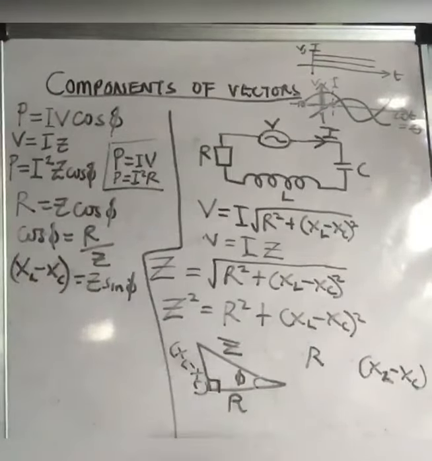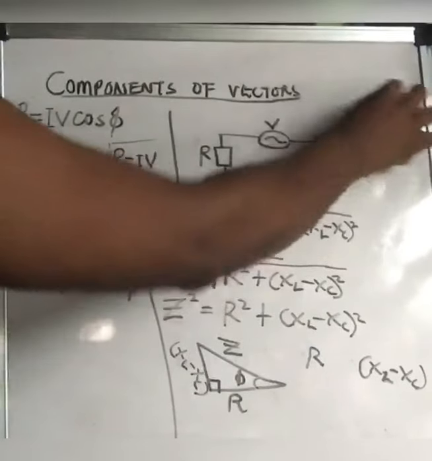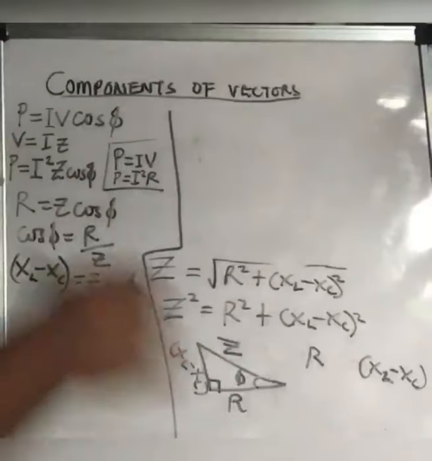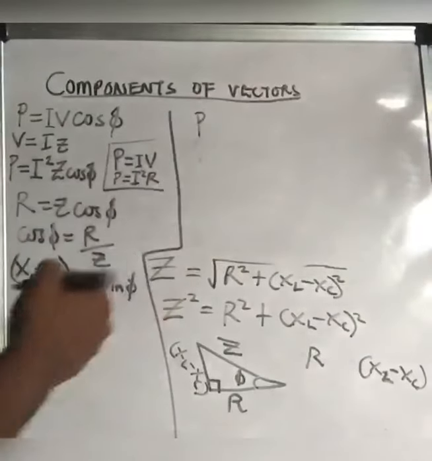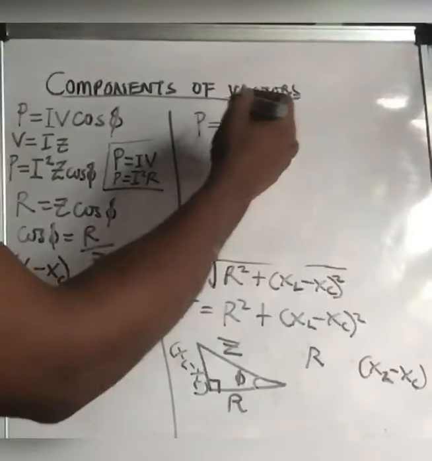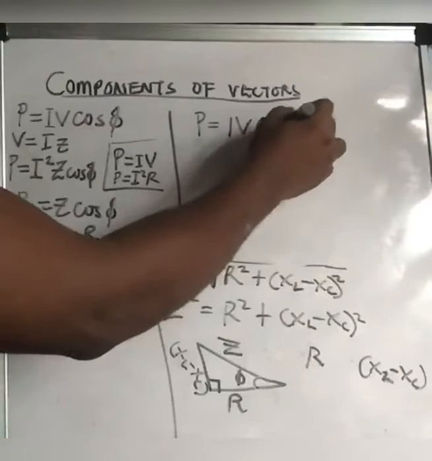Then now something else: the power. We have the power consumed, which we've already shown here. The power consumed is IV cos phi.